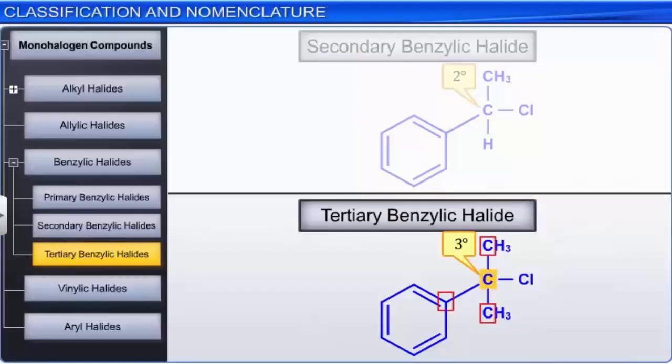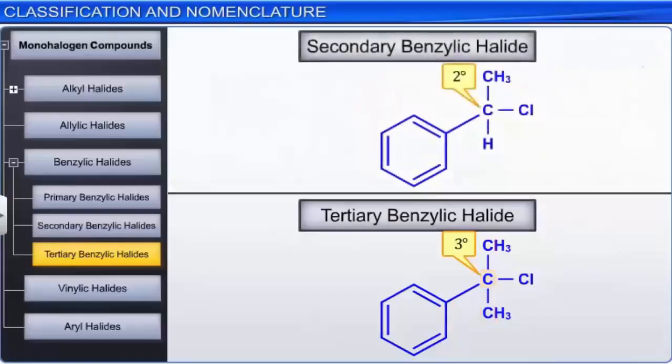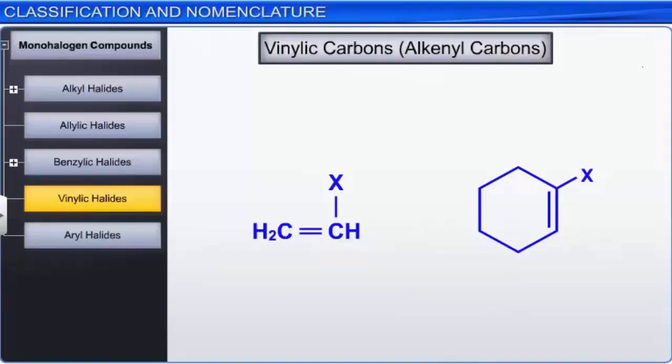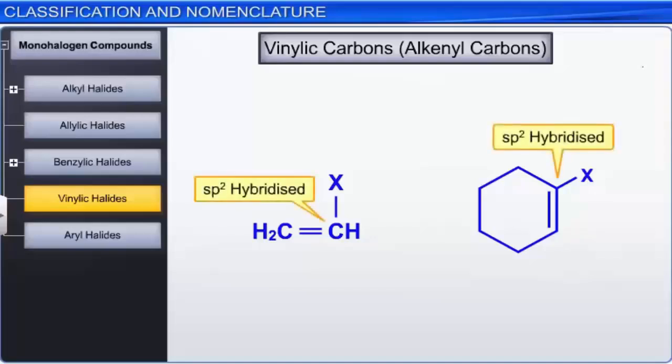It will be helpful in your chemistry studies if you can identify vinylic carbons, or alkenyl carbons as they are sometimes called. Vinylic carbons are sp2 hybridized and are double bonded to one carbon atom. The vinylic carbons in two different molecules are shown in the illustrations here.